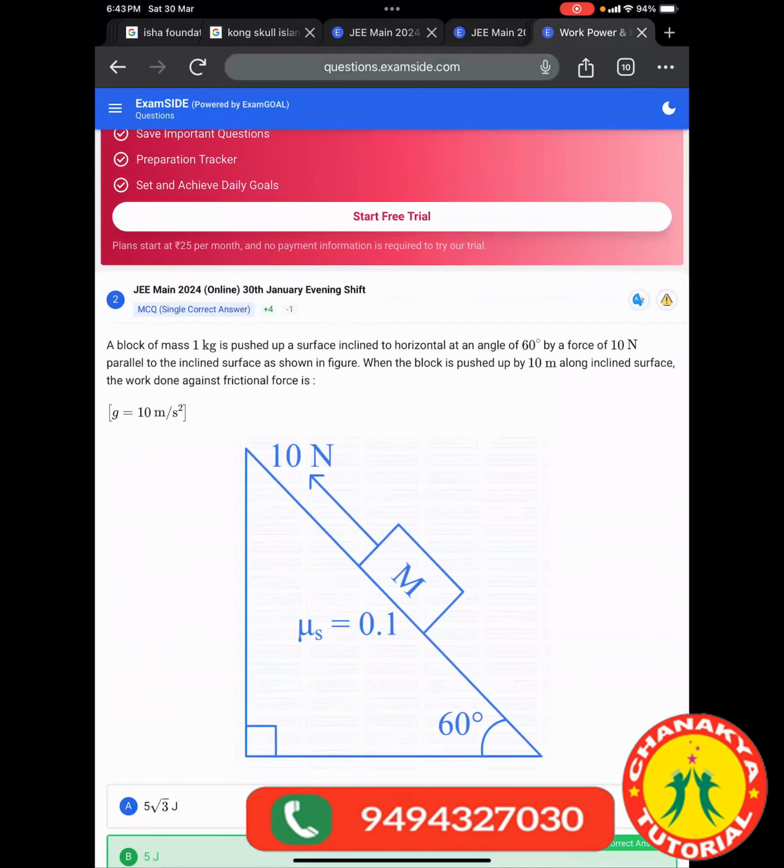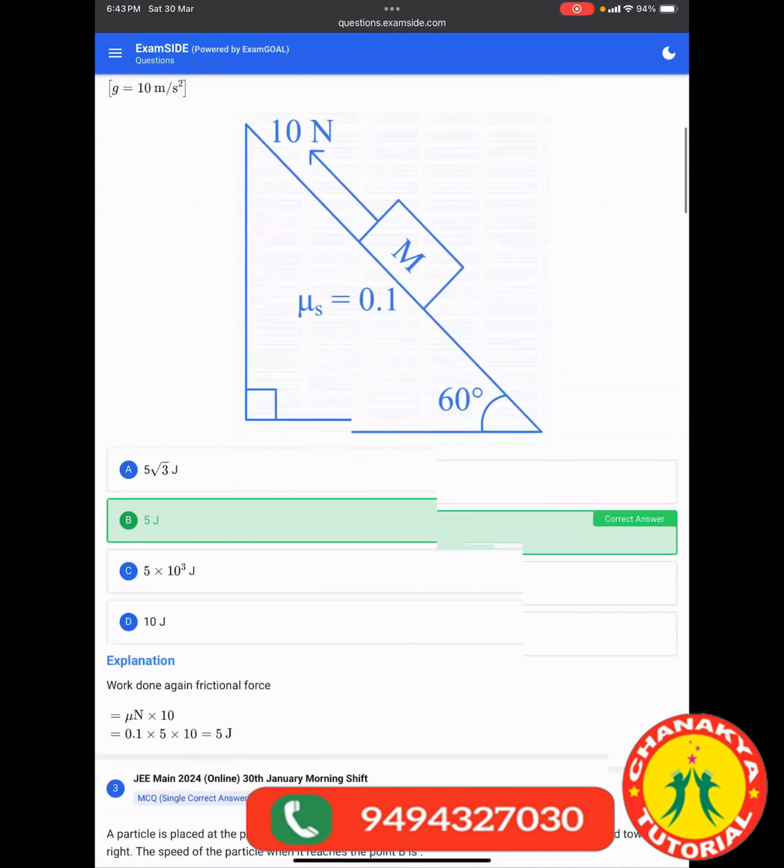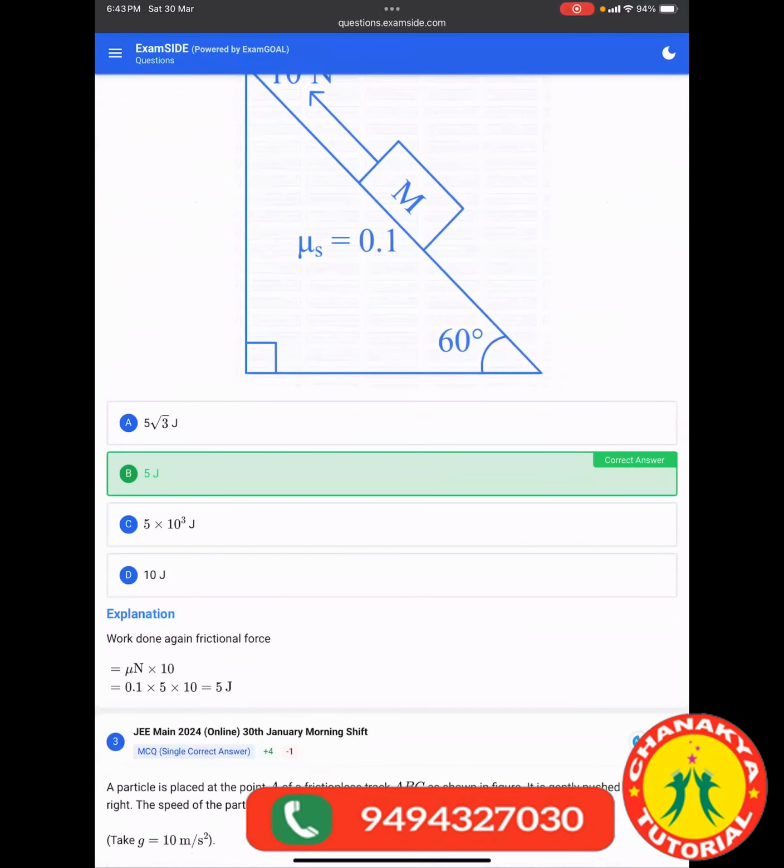So this much positive work we have to do. Work done by friction is minus 5 joule, so you have to do plus 5 joule against it, if you want to cancel it out. Yes, minus 5 joule will be work done by friction. You just put a plus sign, then it becomes against friction.